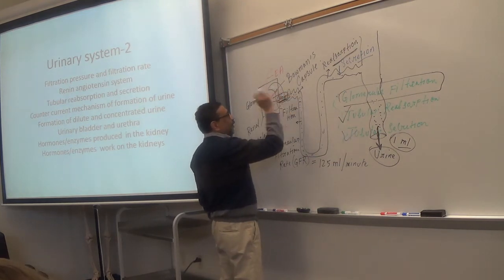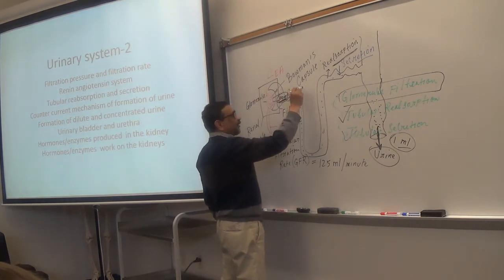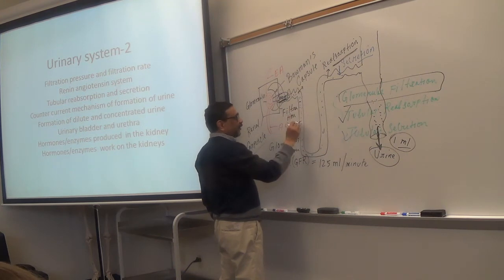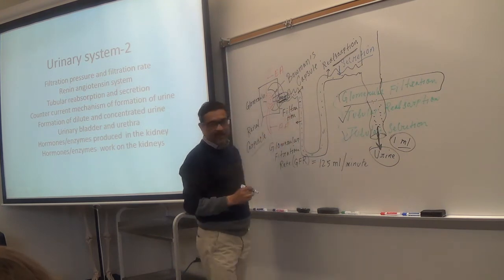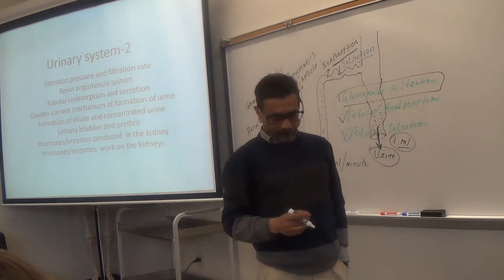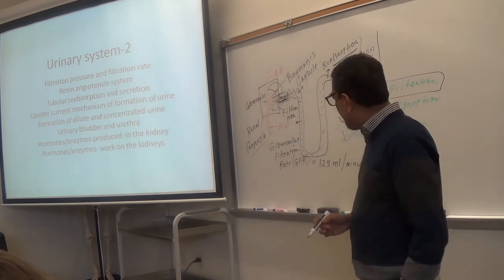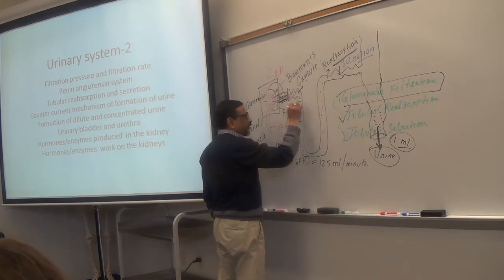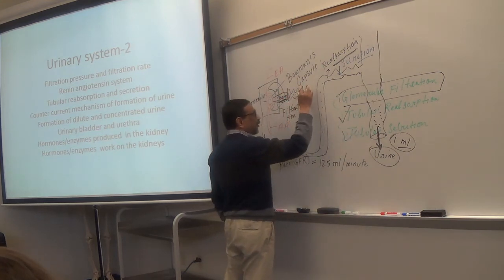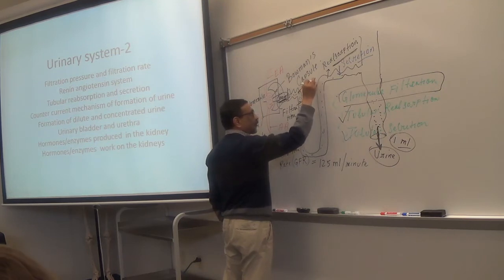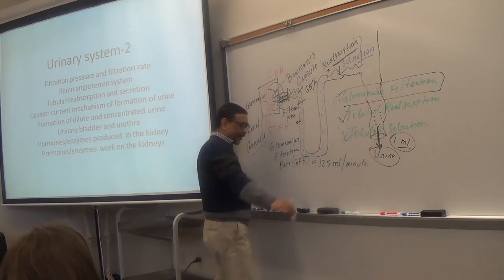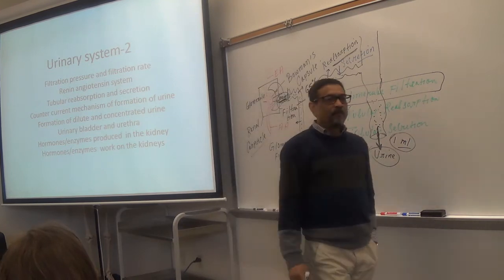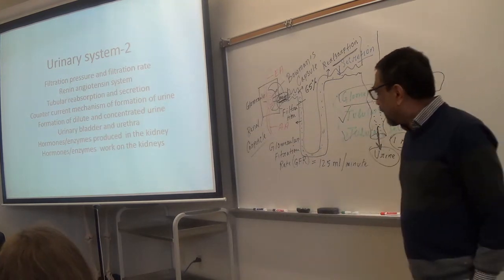Okay, so now we'll see the reabsorption. Which chemicals are reabsorbed in the nephron? About 65% of everything is reabsorbed in the proximal convoluted tubule.